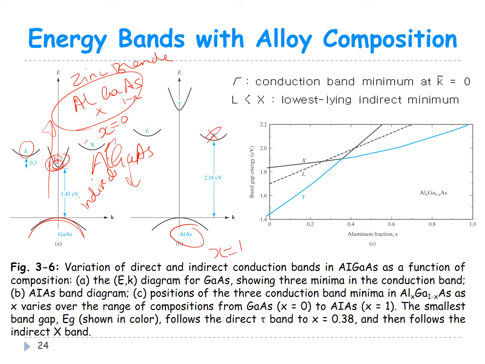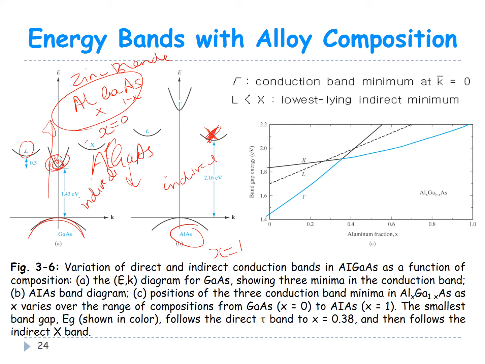So in this case, you see that this semiconductor becomes now indirect. Okay, so what we can learn from this example is that we can actually tune our semiconductor to make it direct or indirect. We can even tune our semiconductor to control the size of our energy gap.